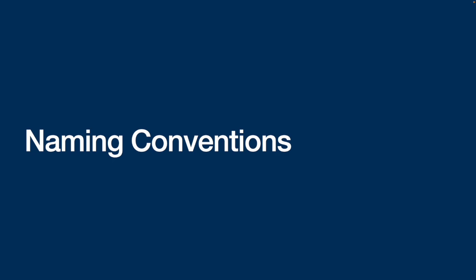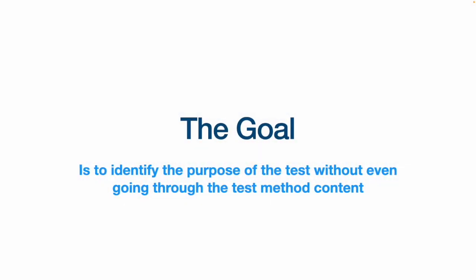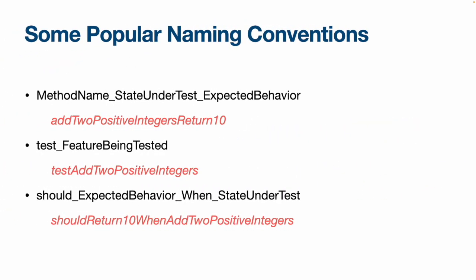Let's talk about some naming conventions that you can use when naming the test methods. The goal is to identify the purpose of the test without even going through the test method content. There are multiple ways of naming the test method, but here I bring you 3 popular naming conventions.